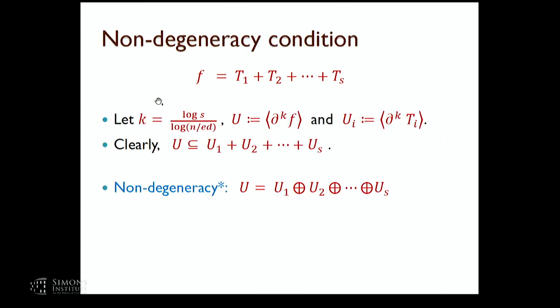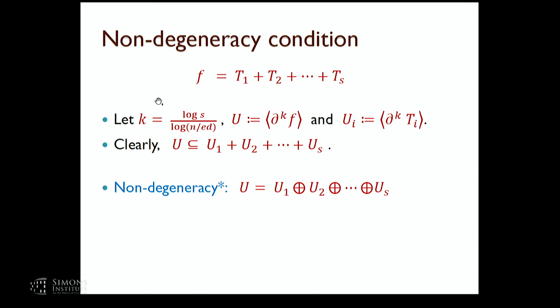So the non-degeneracy condition is the following. Recall that f is computed like this. Let k be this quantity, roughly log s by log n by d, and U be the kth order partial derivative space of f, and U_i be the space spanned by the kth order partials of T_i.